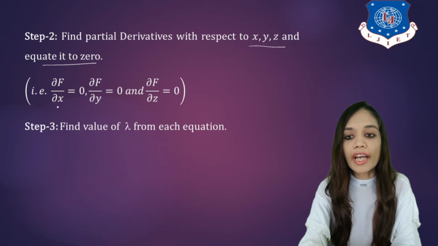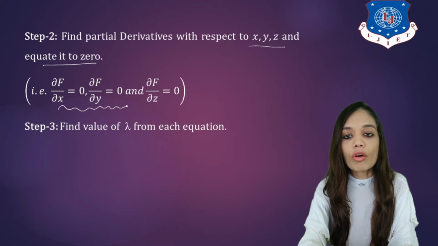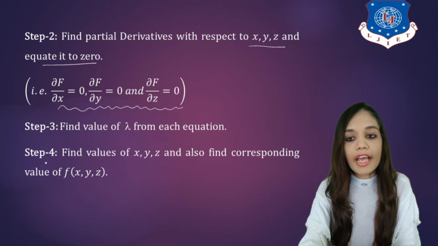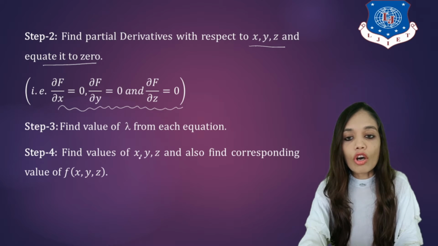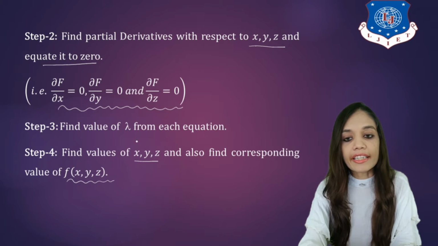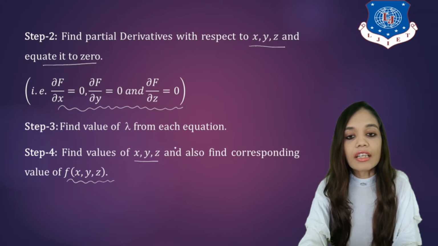That is, we have to find the values of lambda from all the three equations, right? Next, step 4. Find the values of x, y, z and also find the corresponding value of f of x, y, z. That is, we have to find the values of x, y, z using our step 3 and g, and then find the value of f of x, y, z.